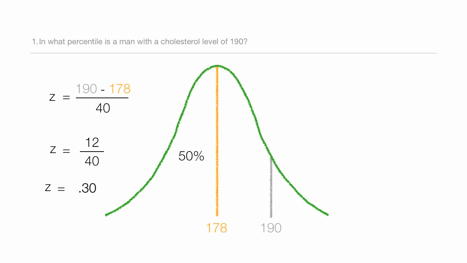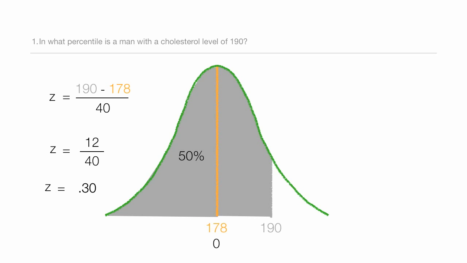This z-score is the area between 178 and 190. We already know the probability below 178, which is 50%. Now we need to determine the area between 178 and 190. 0.3 is the z-score related to 190.